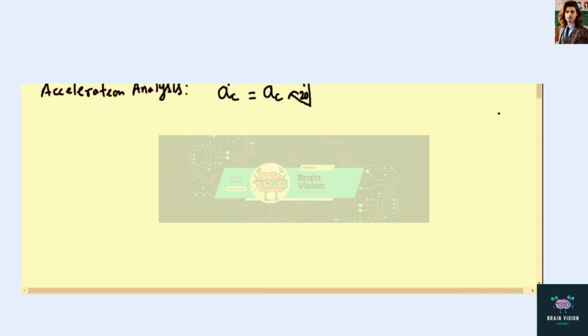The acceleration of G is given as 0.5 inch per second square in the direction 20 degree.